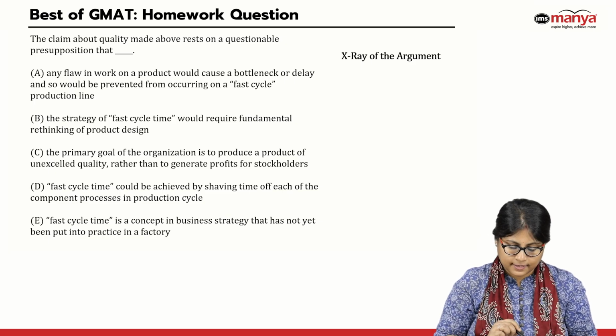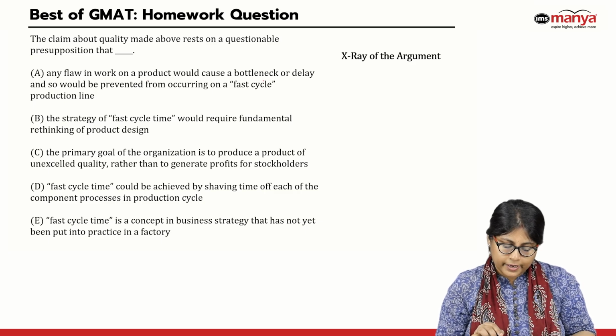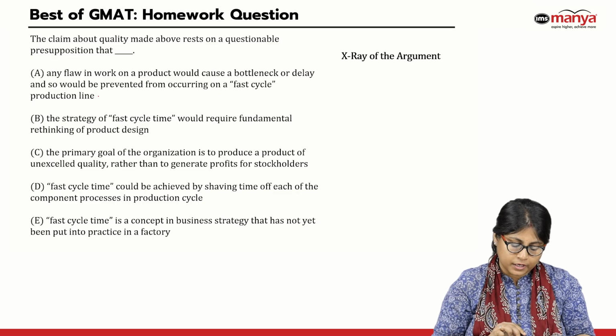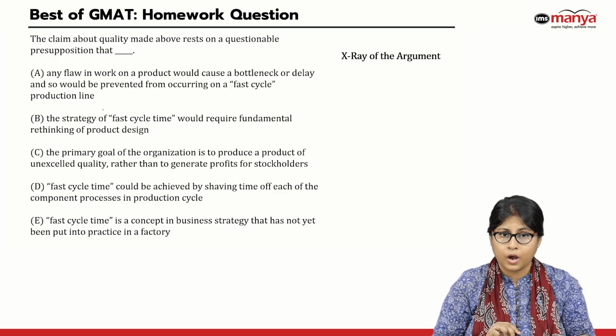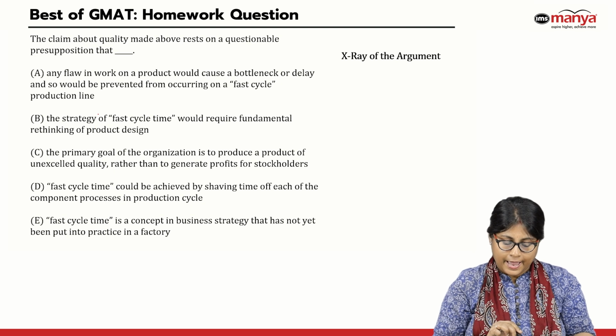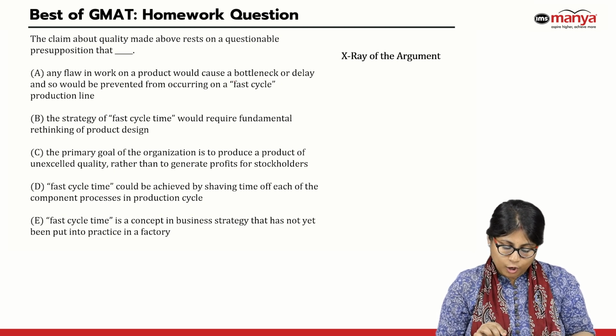Option A says, any flaw in work on a product would cause a bottleneck or delay and so would be prevented from occurring on a fast cycle production line. Wow, that's interesting. What does this say? It says, any flaw on a product would cause a bottleneck.